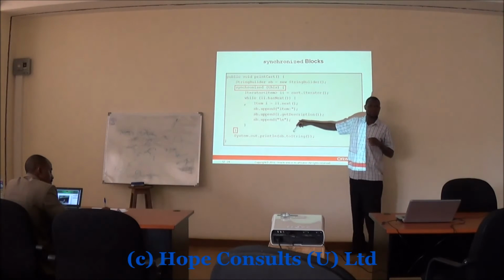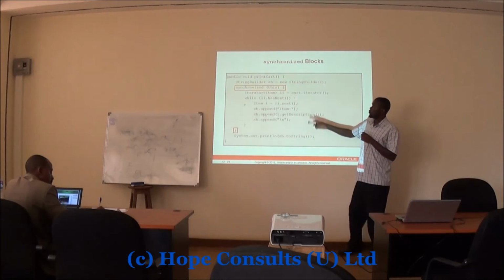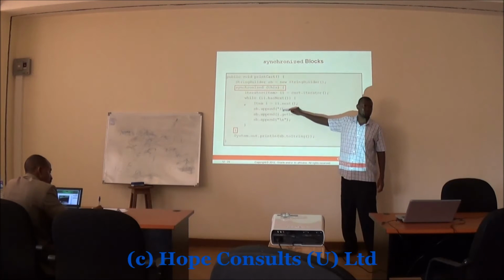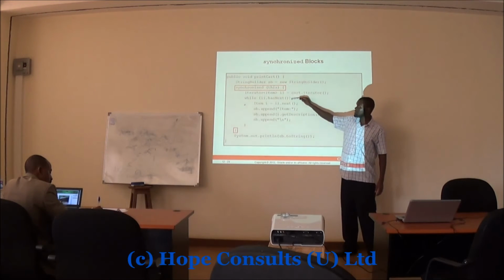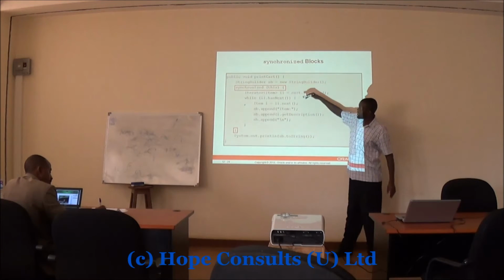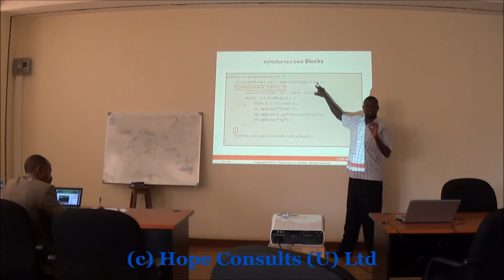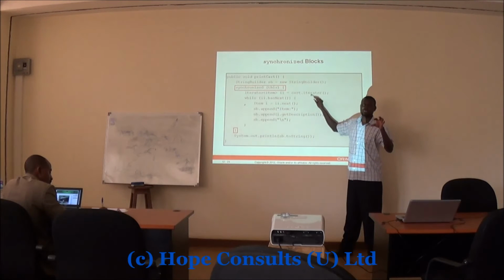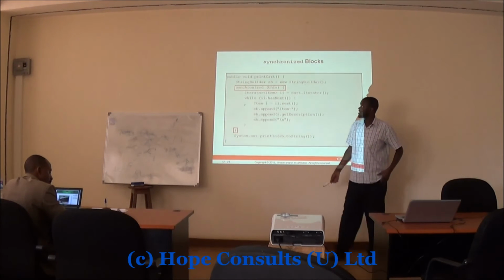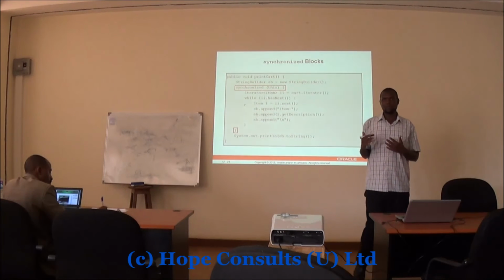That means one thread can only access this section at a time. So synchronized is used to protect lines 1, 2, 3, 4, 5, 6 in this case. No two threads will execute this at the same time by using the keyword synchronized. So this one is used to protect methods, for example.